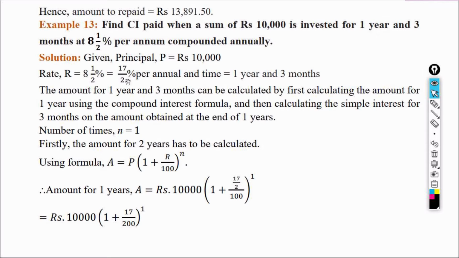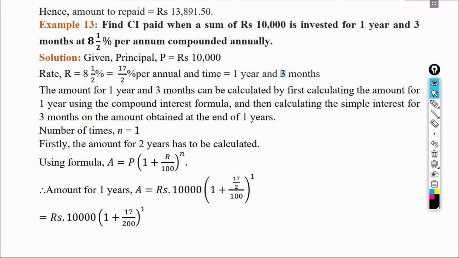But here the time is 1 year and 3 months. 3 months is not in the form of years, so we can convert it into years. First of all compute the compound interest amount for 1 year. The amount for 1 year becomes the principal for 3 months.